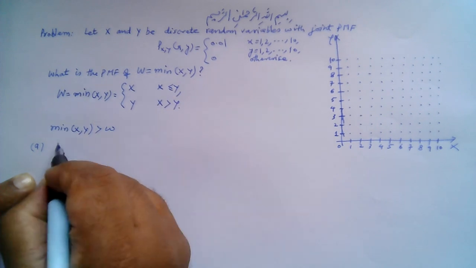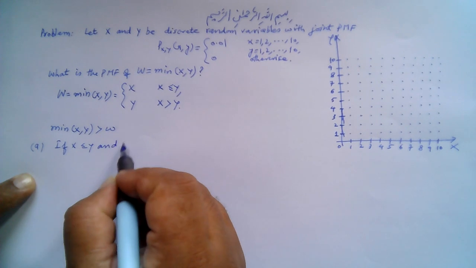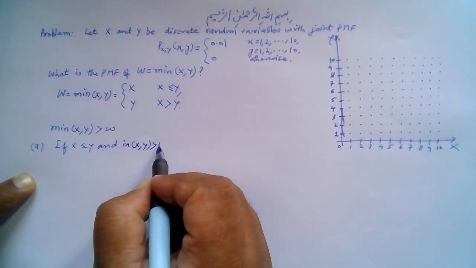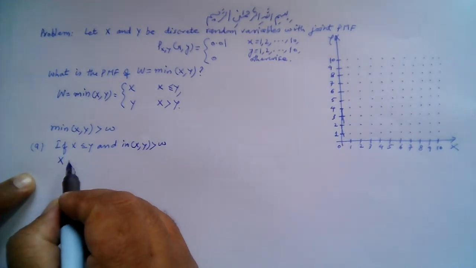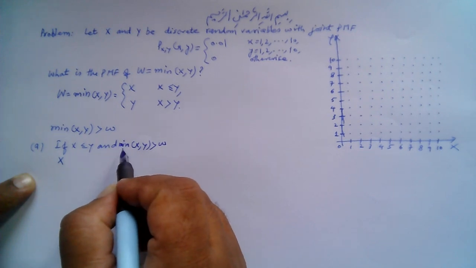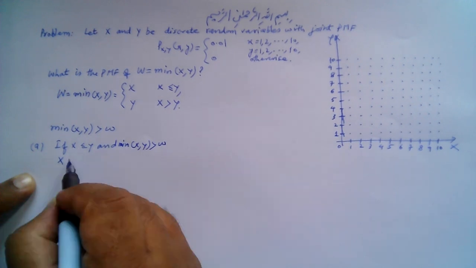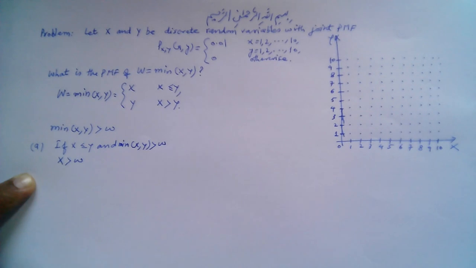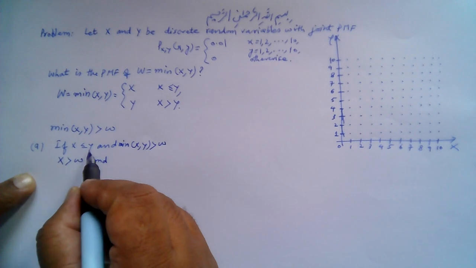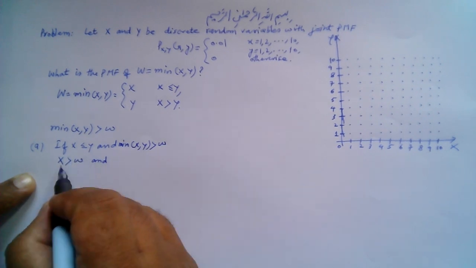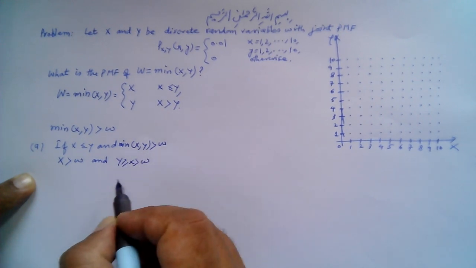So if x is less than or equal to y and min of x, y is greater than w, then x is greater than w in this case. So x is greater than w and y is greater than x. So y is also greater than w then, right?